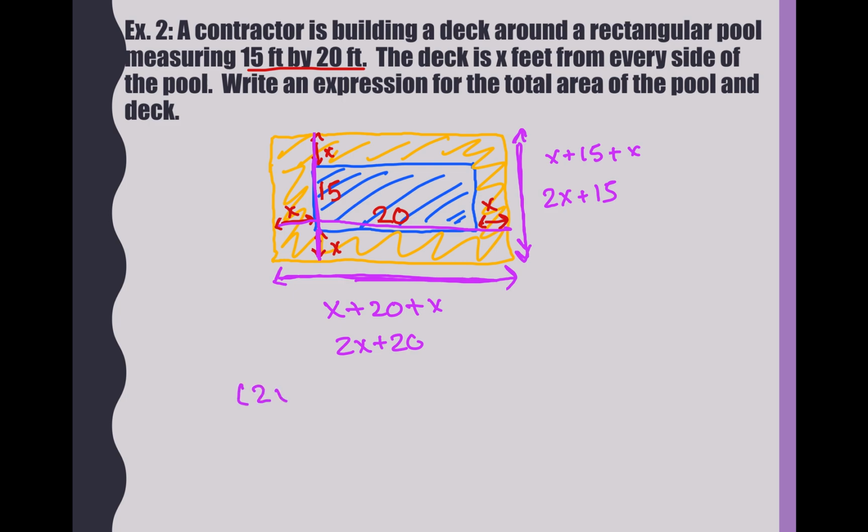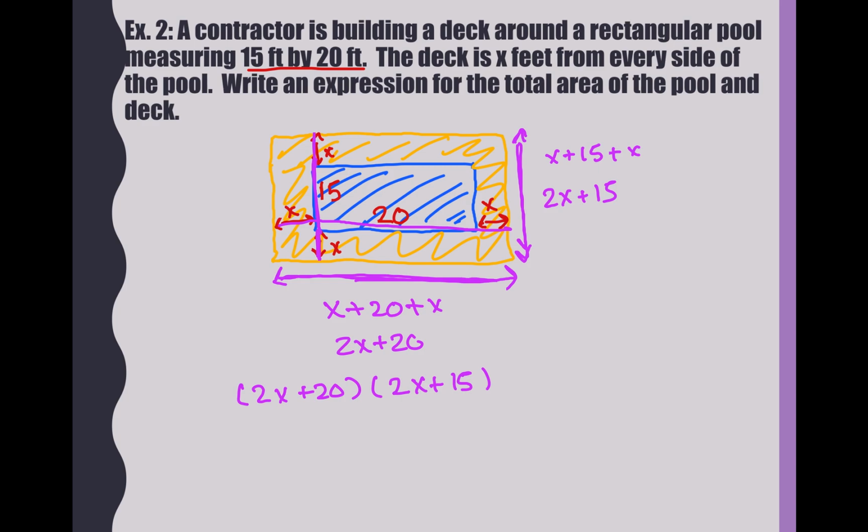So that's 2x plus 20 times 2x plus 15. I want you right now to pause this video, either use the horizontal method or the FOIL method, whichever one you prefer. They're both going to get you the right answer. I want you to multiply both those polynomials. In a moment, we'll go over this.